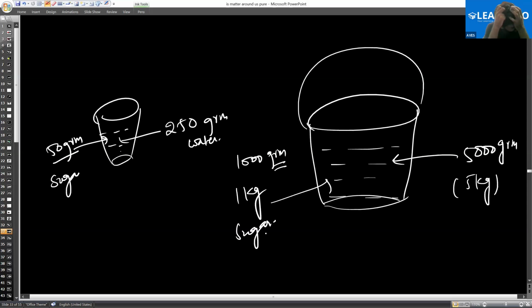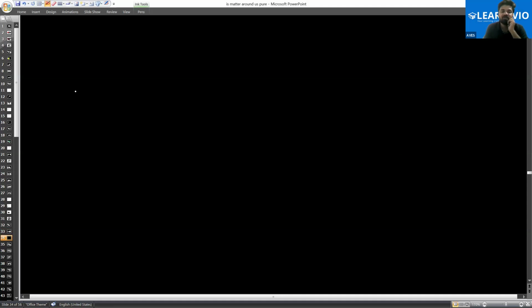Which is more sweet? Glass. Okay. So that is a concentration term which comes into play and tells us which is going to be more sweet or more concentrated. These are the concentration terms.